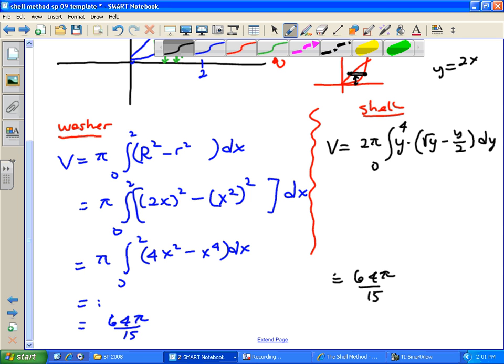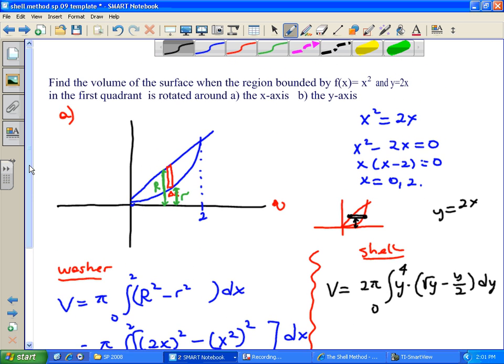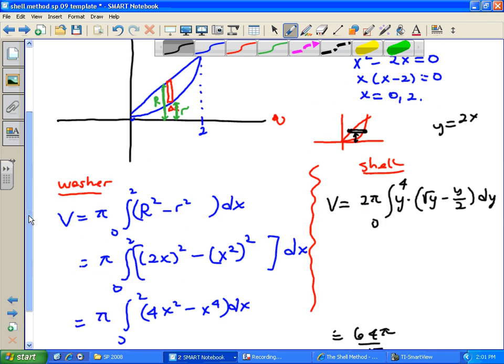Now, let's do the same problem, but part B, where the rotation is around the y-axis this time.